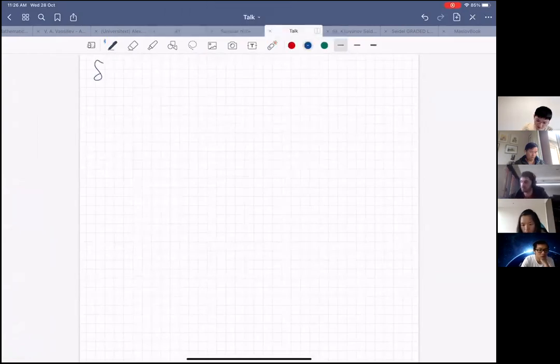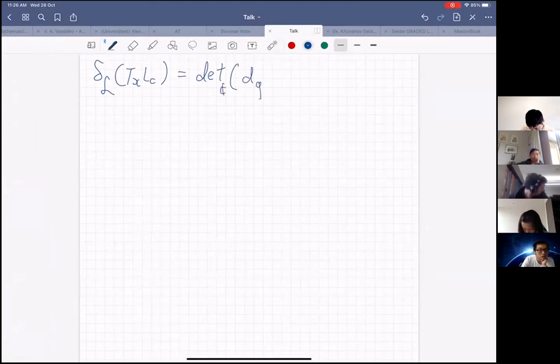Delta L is equal to the determinant of g bar x with the orthonormal basis on the tangent space of my Lagrangian.